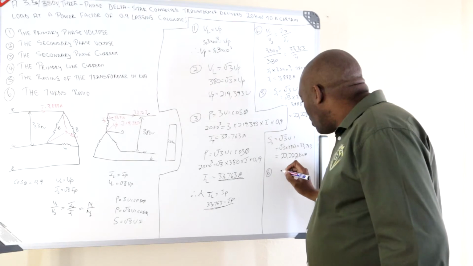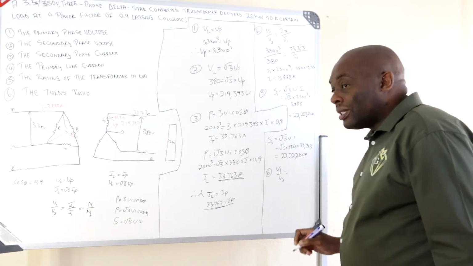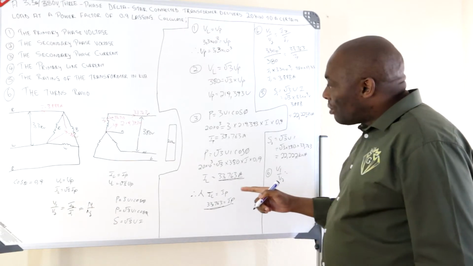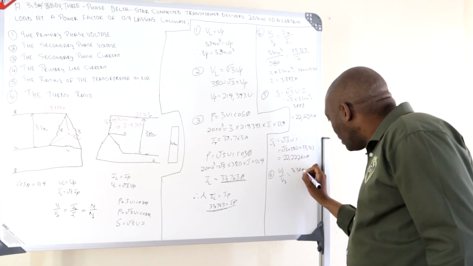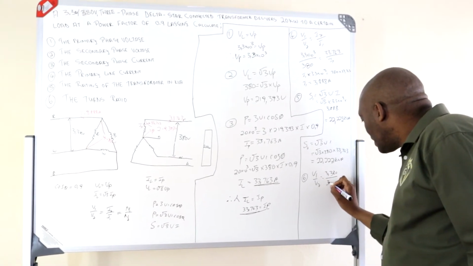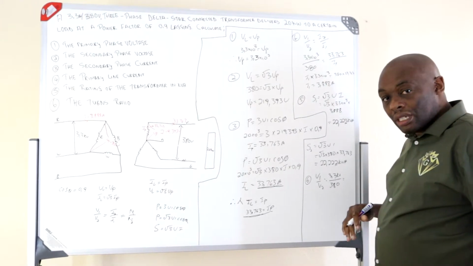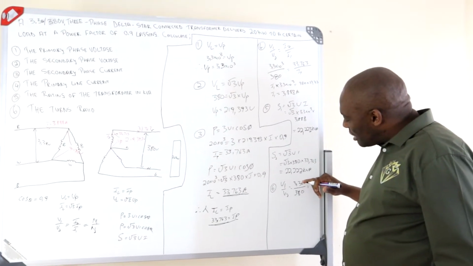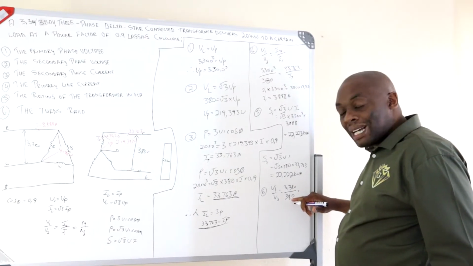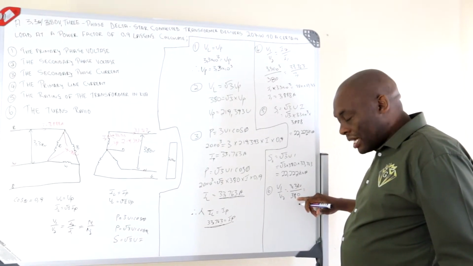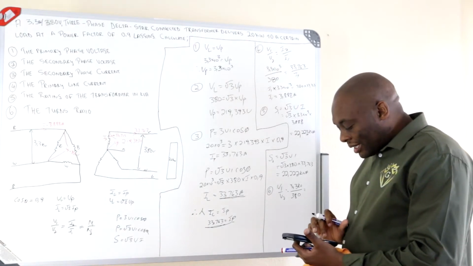Let's see now. We have our V1, we have our V2. That's the turns ratio. V1 is 3.3 kV, and your V2 is 380 volts. Therefore, for the turns ratio, you ask how many times does 380 go into 3.3 kV, and how many times does 380 go into 380?